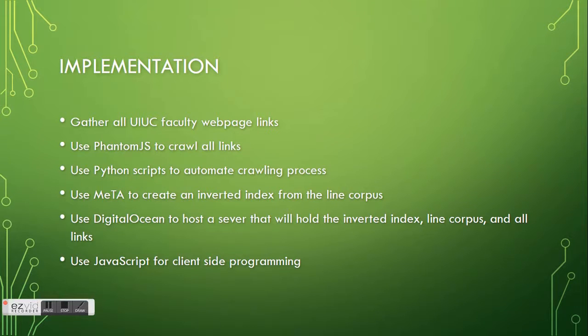After we were able to crawl all the web pages and put them into one line corpus, we then used MeTA and its software to create an inverted index from that line corpus. And then we used DigitalOcean to host a server that will hold the inverted index, line corpus, and all links. And of course that should say server.